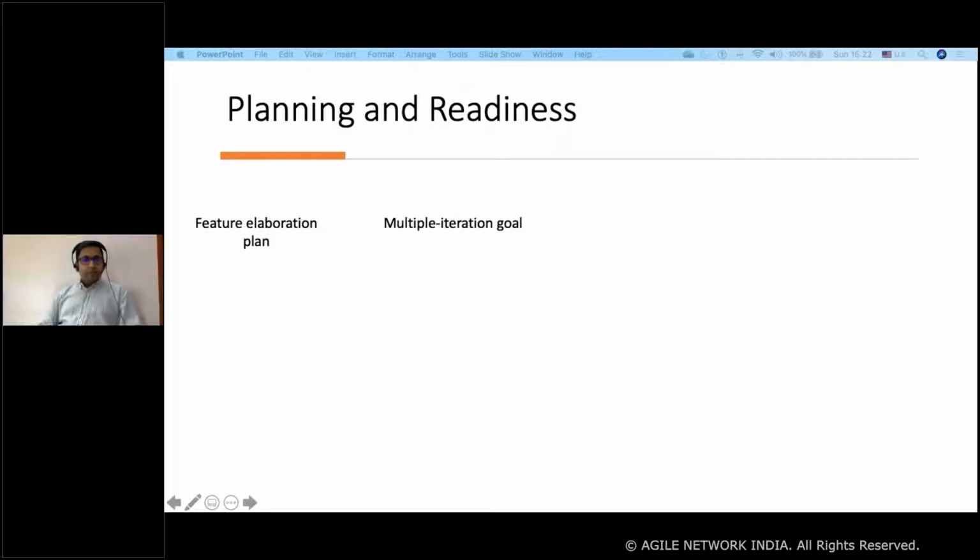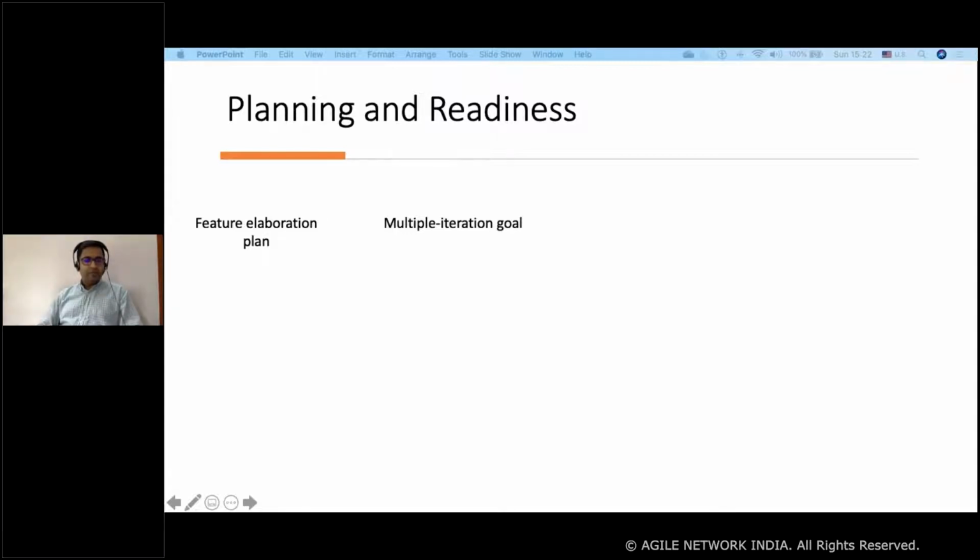Then the next one was multi-iteration goals, and this was key because earlier the team was only focusing on the sprint. They were just focusing on what stories were coming into the sprint. They had visibility only into the stories for the next sprint, not the next 2 or 3 sprints, because a feature may be completed in 2 to 3 sprints.